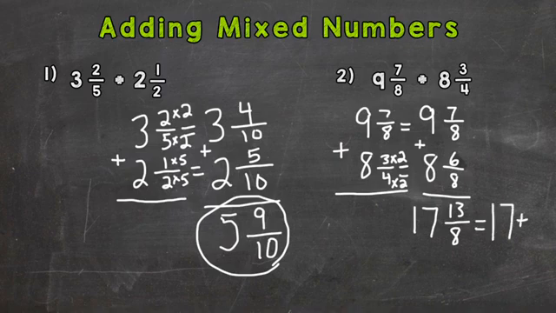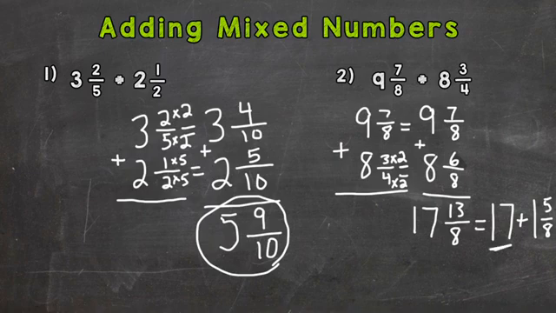To get improper to mixed number, we need to do the top divided by the bottom. 13 divided by 8. How many whole groups of 8 can we pull out of 13? Well, one whole group with a remainder of 5 left over. Keep our denominator of 8 the same. So 13/8 equals 1 5/8.